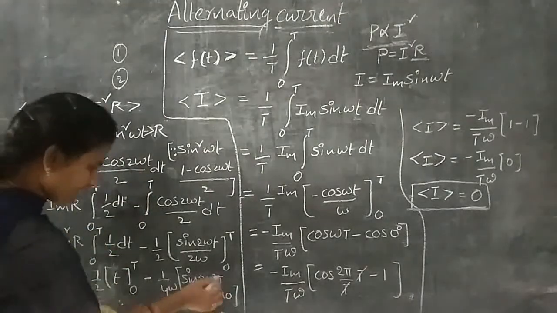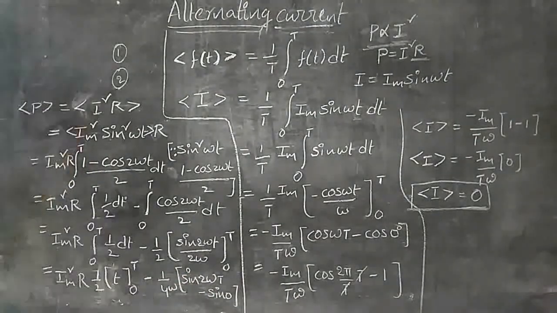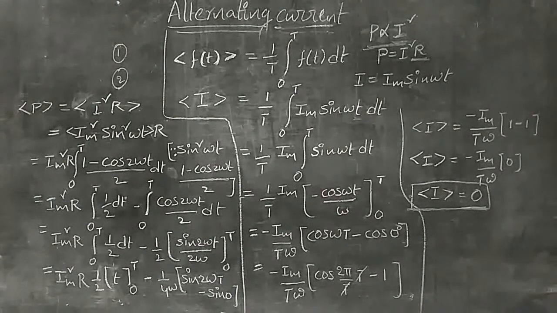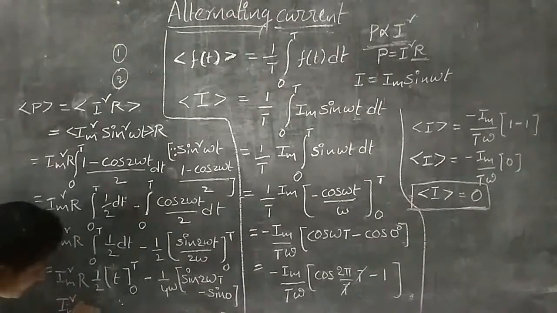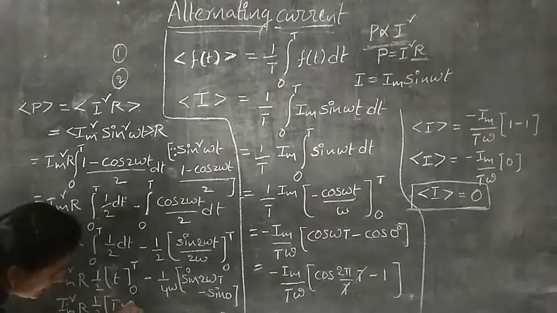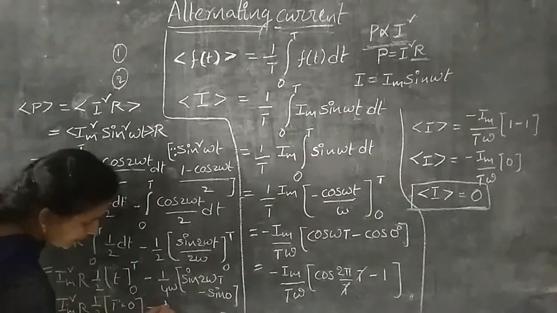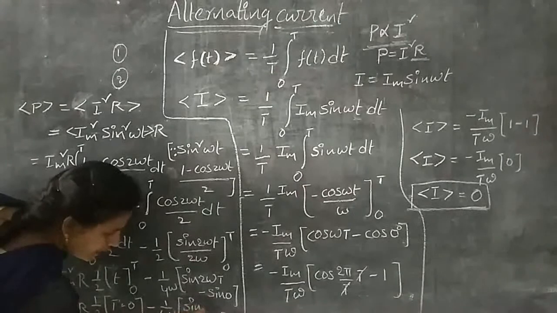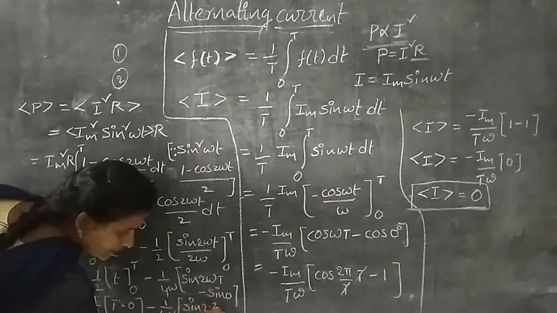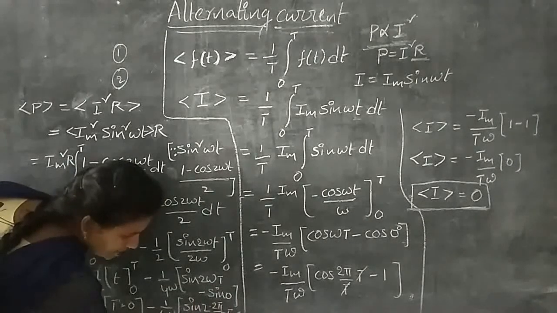So from this, what do we observe? Im square R, 1 by 2 into T minus 0, minus 1 by 4 omega. In place of omega, 2 pi by T, so sin 2 into 2 pi by T into T minus sin 0.